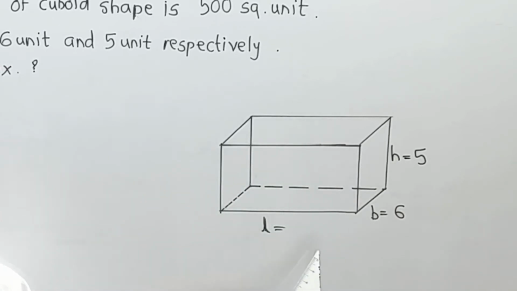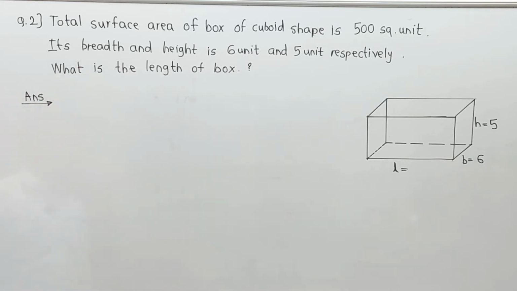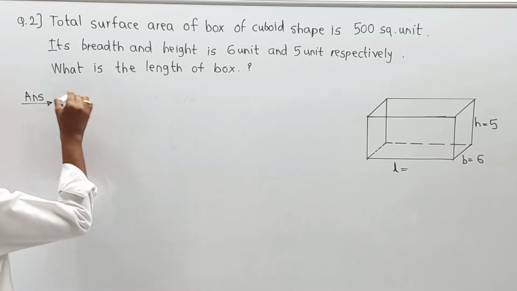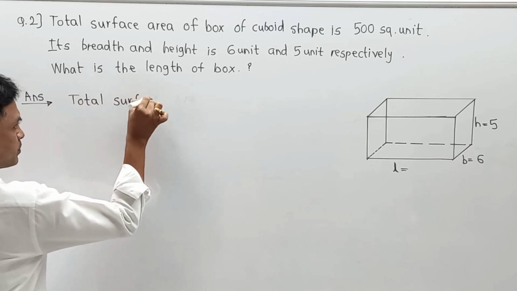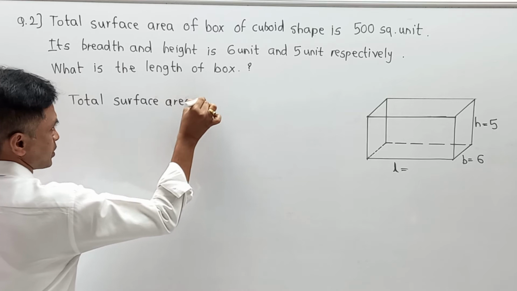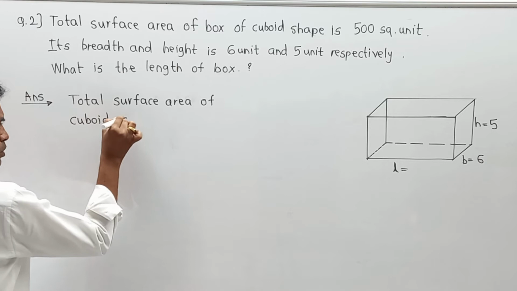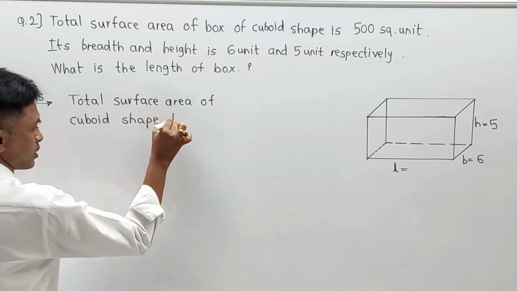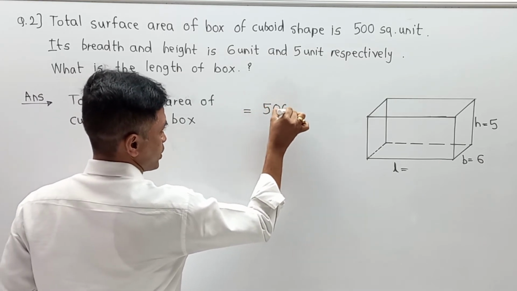No doubt, L is unknown and the rest are known, and with the help of mathematical calculation we can solve it. Here we are going to start the formulation and calculation as per the given condition. They have given total surface area of the cuboid shaped box as 500 square unit.